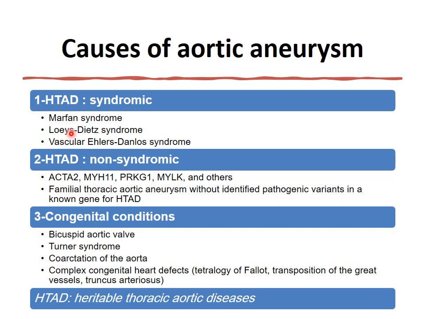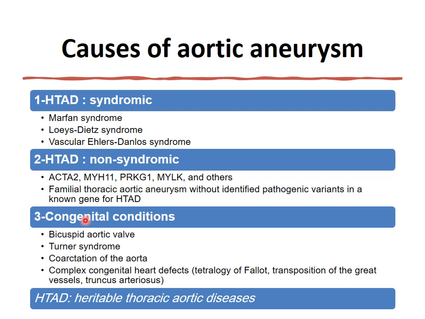Syndromic HTAD, or heritable thoracic aortic disease, include Marfan syndrome, Loeys-Dietz syndrome, vascular Ehlers-Danlos syndrome, while the non-syndromic HTAD include mutations in some genes like the ACTA2 gene or the MYH11 gene and other genes. And it also includes familial thoracic aortic aneurysm without an identified pathogenic variant in a known gene for HTAD.